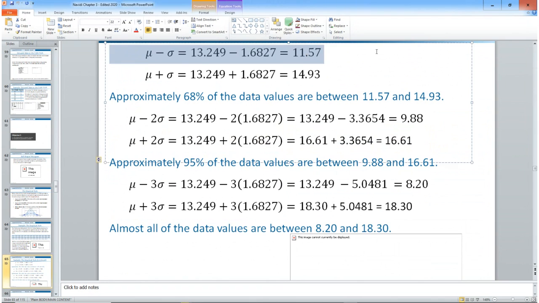So if we subtract the standard deviation from that mean, then we get that lower boundary for the 68%. That's 1 standard deviation down in the negative direction. All right. And then adding 1 standard deviation to that mean gives us 14.93.